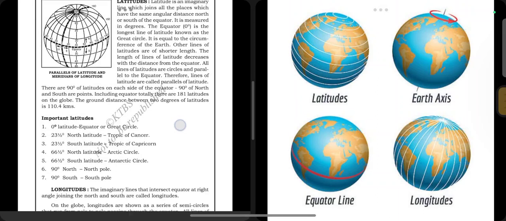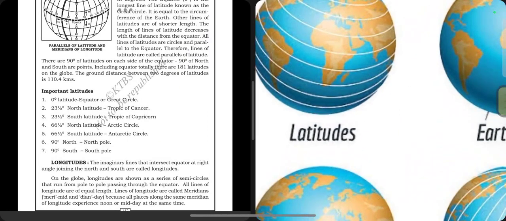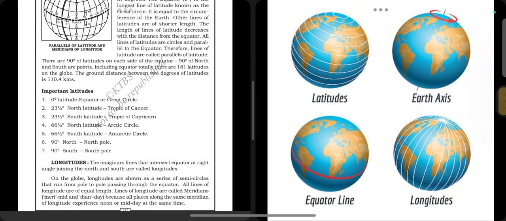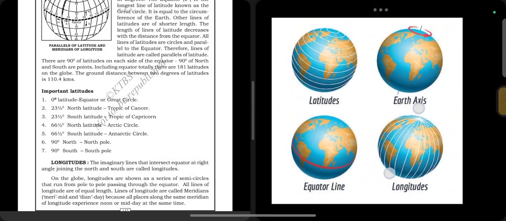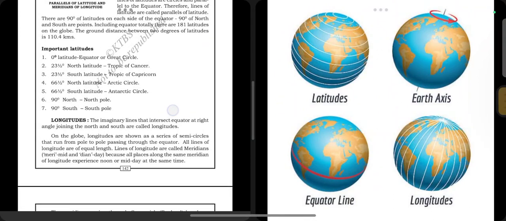What you have to remember for understanding longitude and latitude is: what is longitude and what is latitude? As I said, latitude runs east to west, and longitude runs north to south. This much is okay. And here you can see the important latitudes.